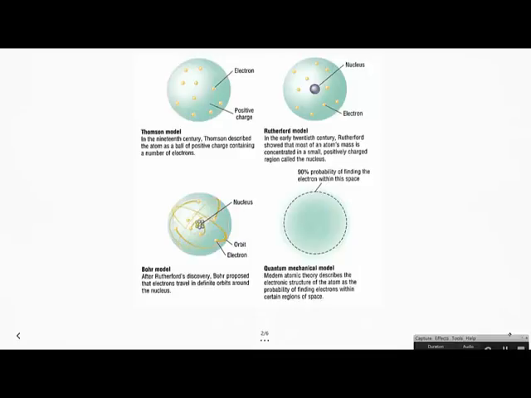So if we think about this, all of these models have to take into account the fact that you have positively charged particles in the nucleus, along with neutrally charged particles in the nucleus, and then you have negatively charged particles around the outside.